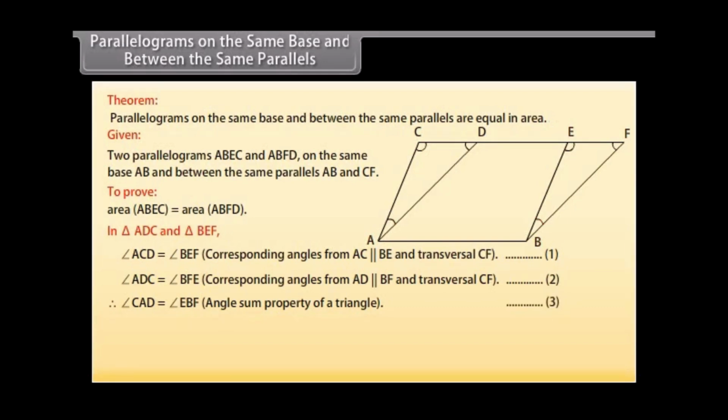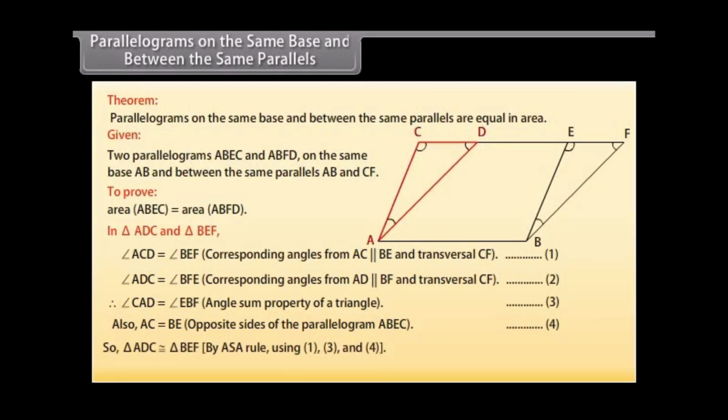Mark it as 3. Also, AC is equal to BE, opposite sides of the parallelogram ABEC. Mark it as 4. So, triangle ADC is congruent to triangle BEF by ASA rule using 1, 3 and 4. Therefore, area of ADC is equal to area BEF because congruent figures have equal areas. Mark it as 5.